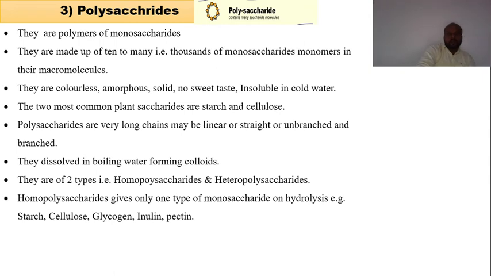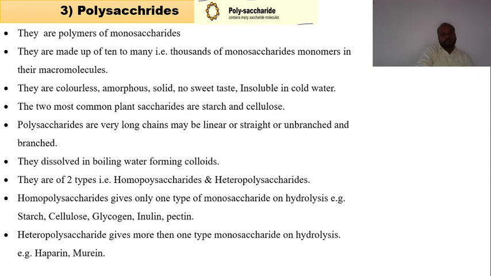Heteropolysaccharide gives more than one type of monosaccharide on hydrolysis, for example heparin and murein. Glycogen is the animal storage, and starch is the plant storage.